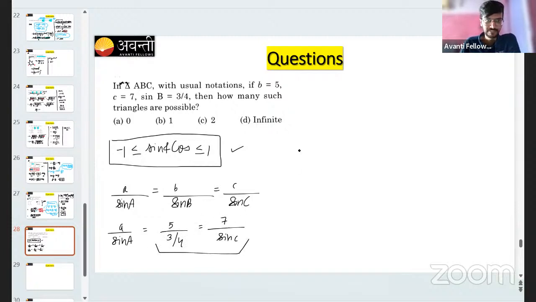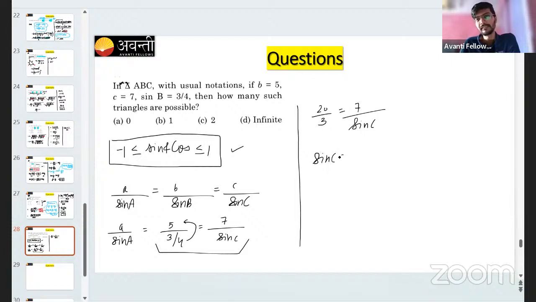So if I equate these two, what will I get? 5 by 3/4 becomes 20/3, the 4 comes up, is equal to 7 upon sin C. That means what is sin C? 7 times 3 is 21/20, which is greater than 1.